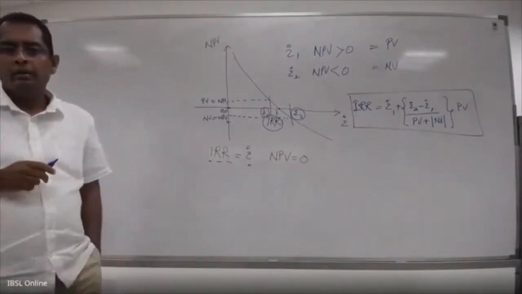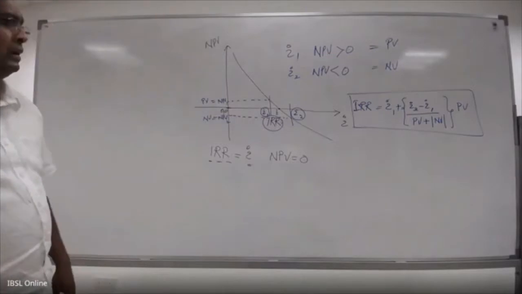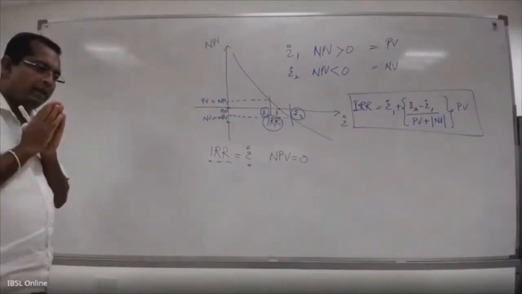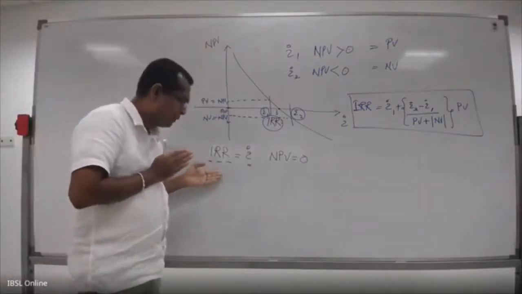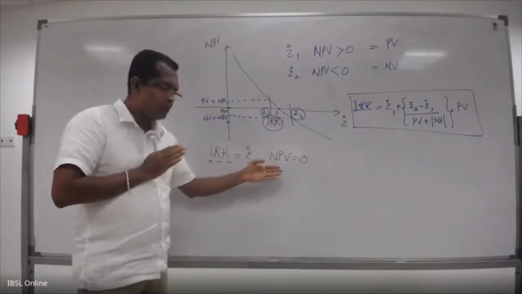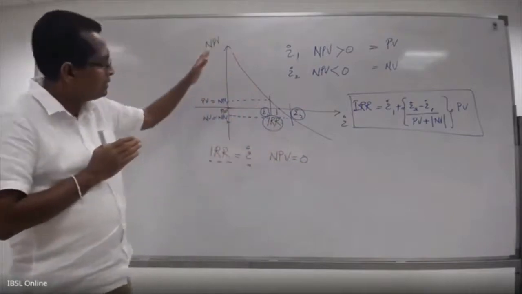Right? What does this mean? Internal rate of return is the rate at which net present value equals 0. This is the diagram for that.